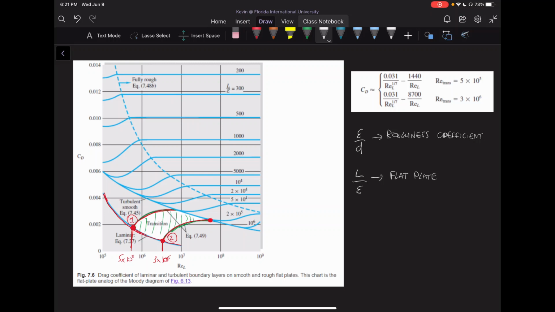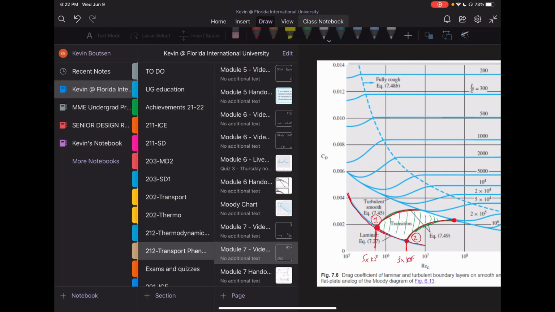Okay, so we can go ahead and try to do an example with this problem. I'm going to copy it over.